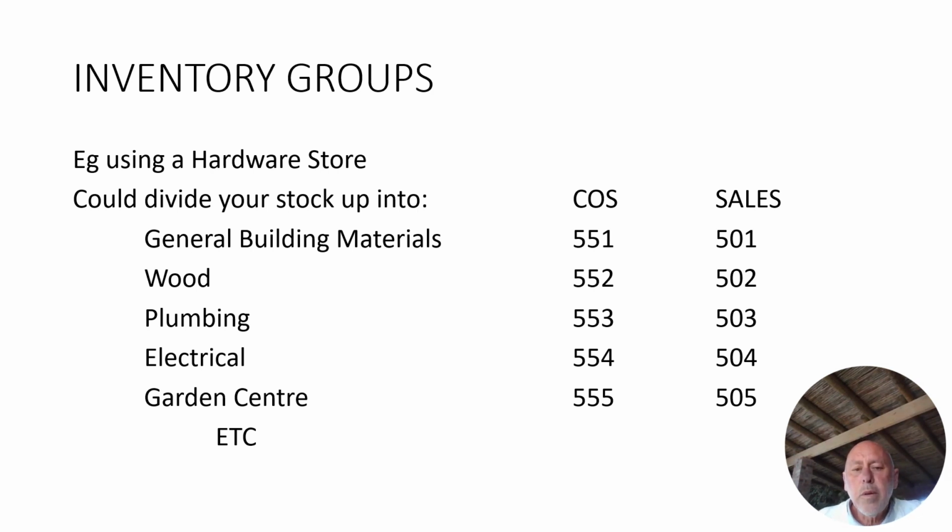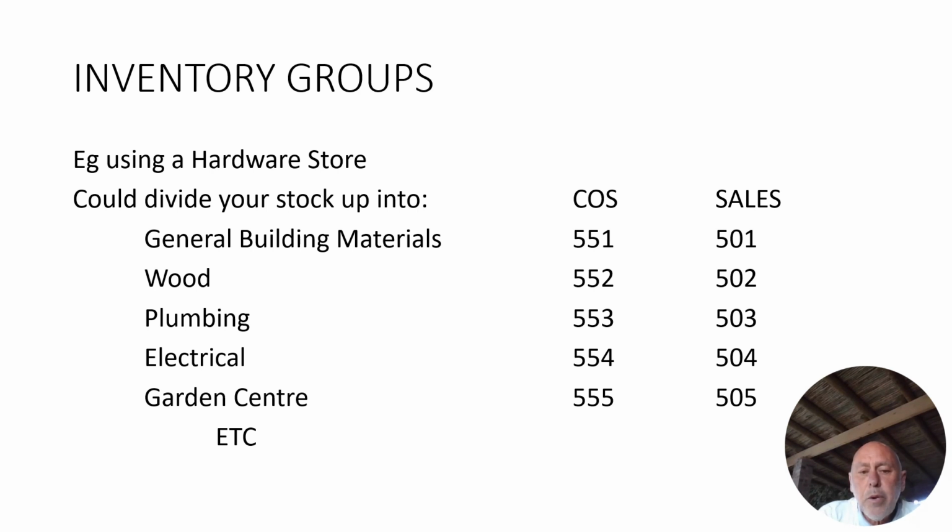Because what we're trying to do in this hardware store is, after grouping our stock items, find out where we are making more money and where we are making less money. So we're breaking up our sales and cost of sales into these groups, and this is giving us more information about how our business is actually working.